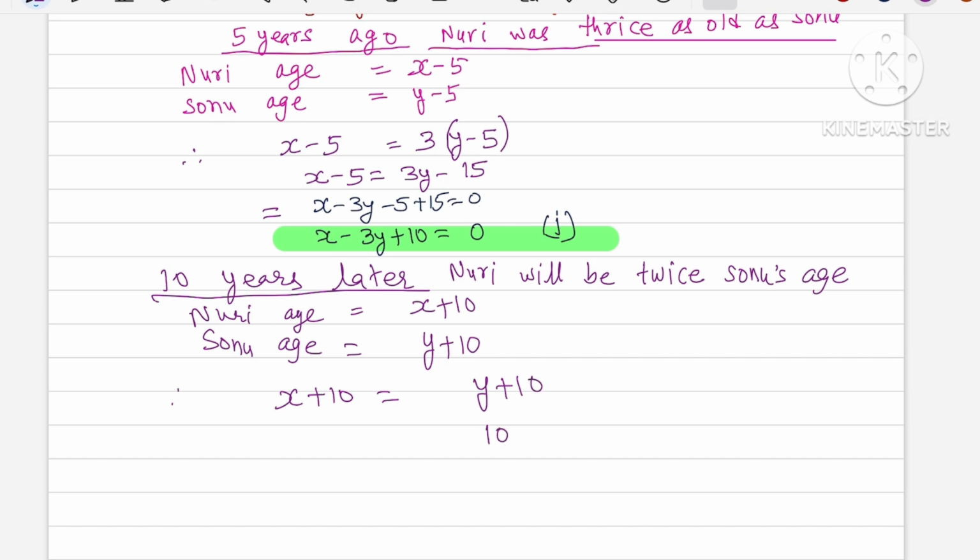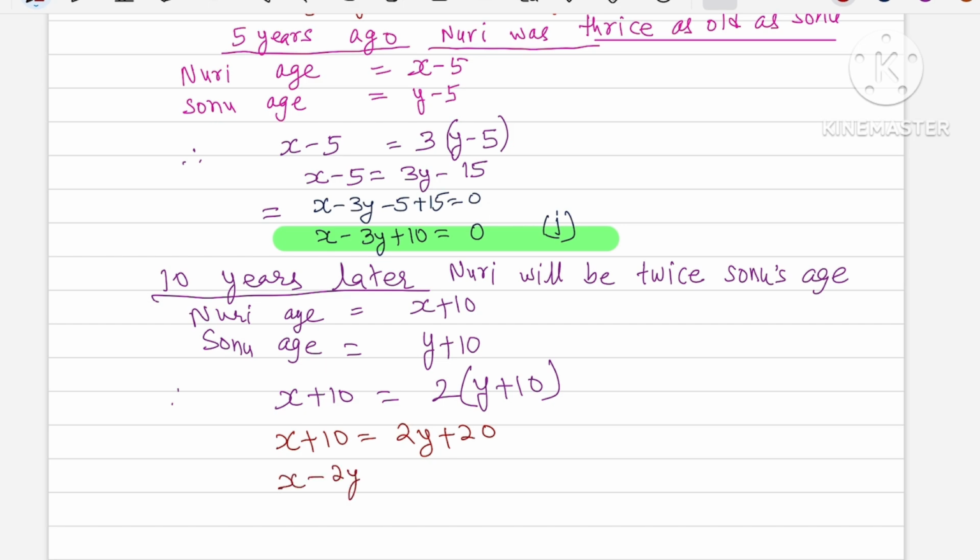But if Sonu's is 10, then Nuri's is 20, because she is twice. So to equalize it, we have to multiply age of Sonu by 2 to make them equal, because we are using equal to sign. So X plus 10 is equal to 2Y plus 20.